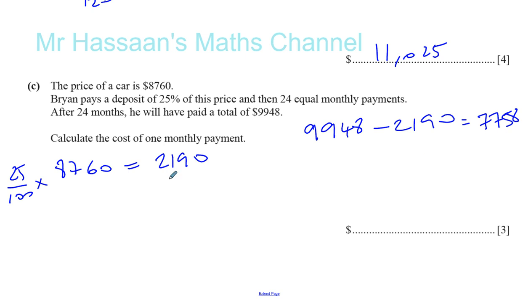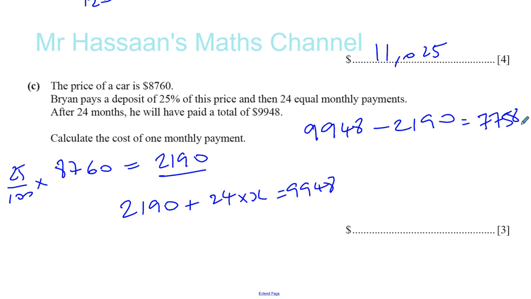He's paid the deposit of this much, and you've got to pay over 24 months. You could do it algebraically: this is the deposit 2,190 plus 24 times x must equal 9,948. This is the algebraic way of doing it.